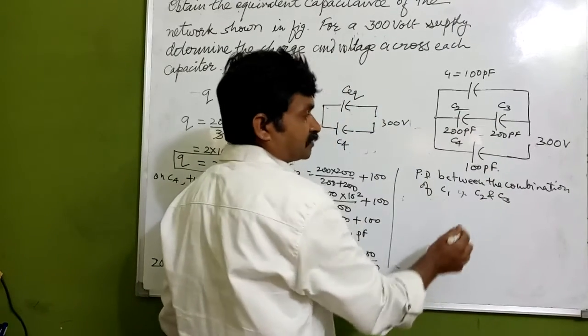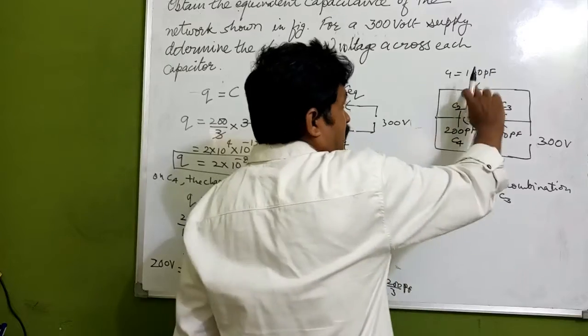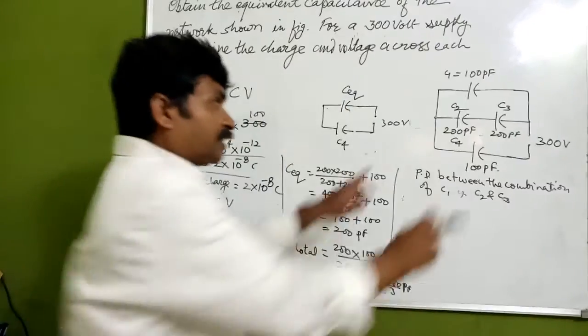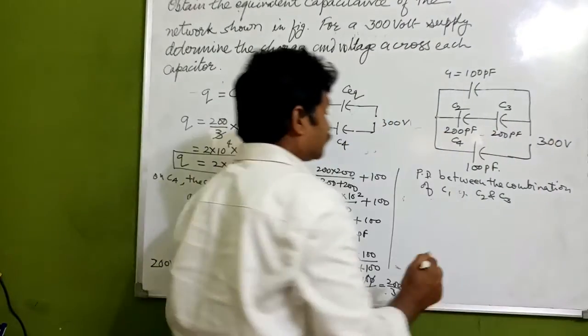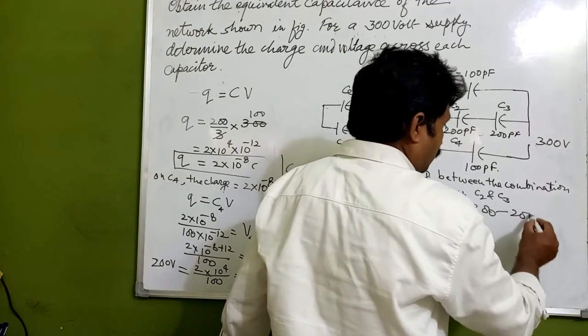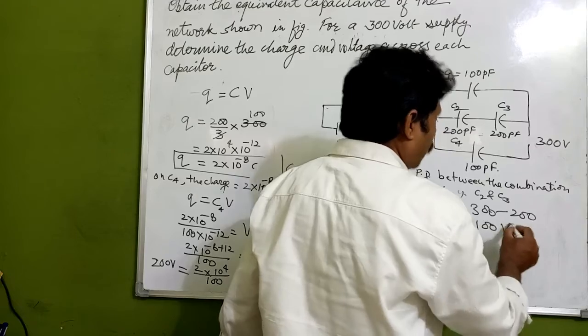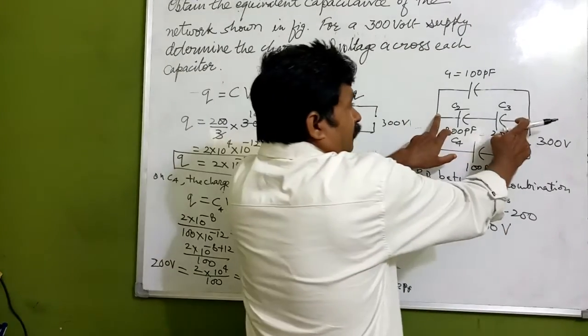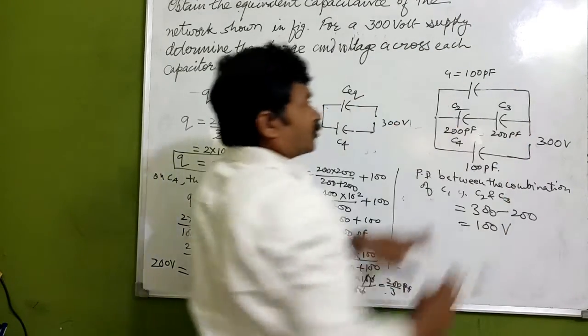C2 and C3 are in series and C1 is in parallel with it, but the potential difference will be given by 300 minus 200, it is going to be 100 volt. Means now the 100 volt is across this and 100 volt across this.